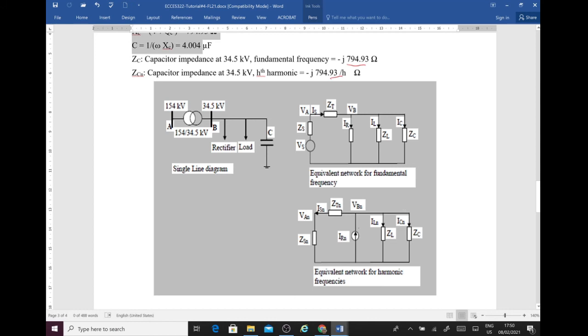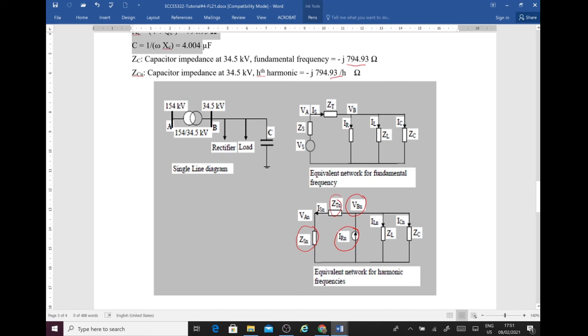We have the harmonic source, we have the impedance of the load, we have the impedance of the capacitor, and then we have both the transformer impedance and the system voltage source impedance connected in series. Then we can do the calculation straightforwardly. To find this voltage, we need to find those three impedances and connect them in parallel.